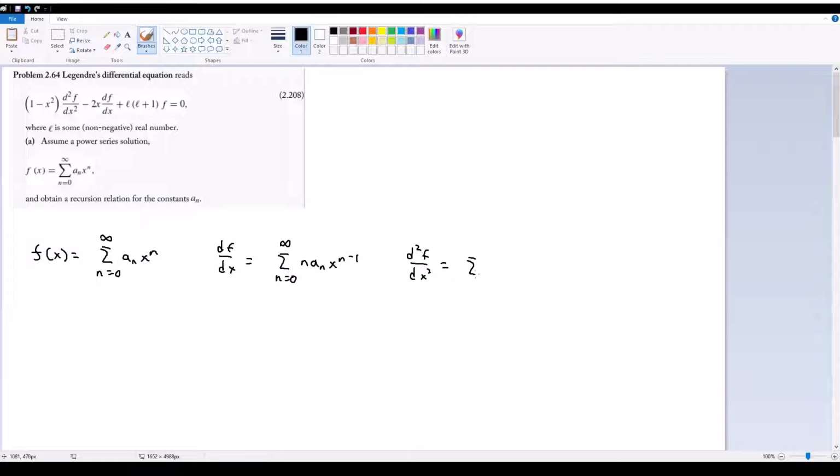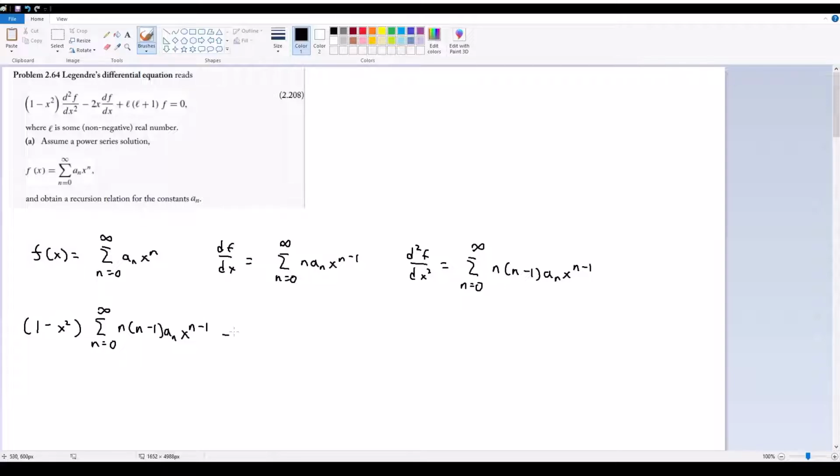This is going to equal the summation from n equals 0 to infinity of n times n minus 1 times a_n times x to the power of n minus 2. I'm sorry, not product rule, it's just a derivative, so we just bring it down. Now, at this point, we just plug this back in, and we get that we have the (1 minus x squared) times the summation from n equals 0 to infinity of n times n minus 1 times a_n times x to the power of n minus 2.